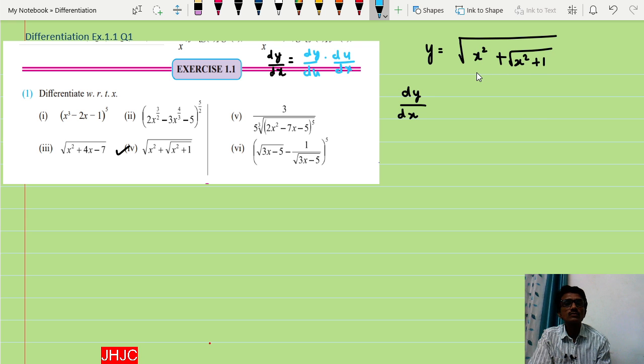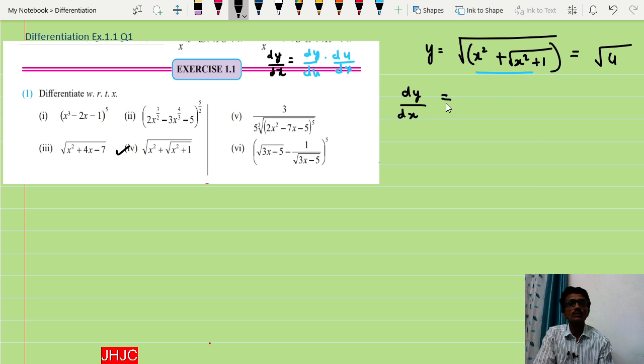So here this is u. Now dy by dx is equal to dy by du, that is here it is root of u, and the derivative of root u is equal to 1 upon 2 root u, into du by dx.